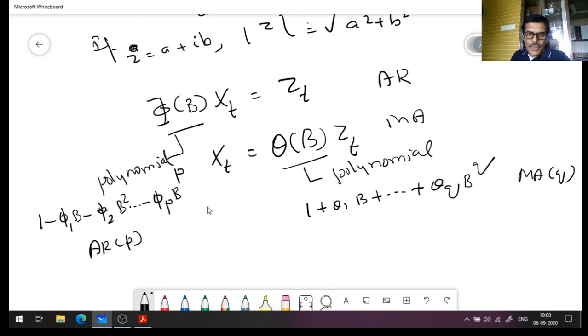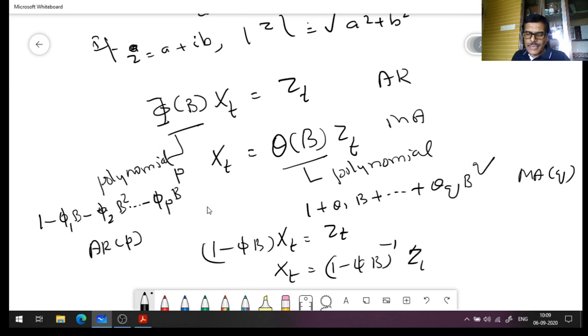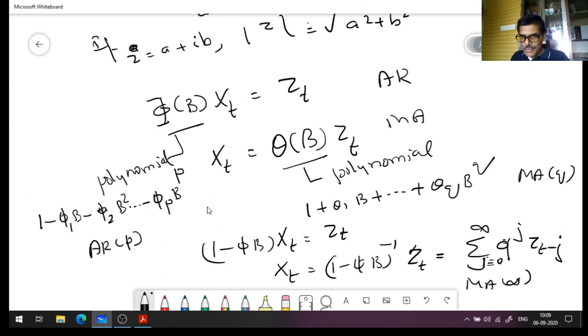For example, if I write (1 minus phi B) Xt equal to Zt, then Xt is (1 minus phi B) inverse Zt. What is this going to be? Summation of phi to the power of j, Zt minus j. So this is actually an MA infinity. Of course, I assume that this converges, because you have to be very clear when you write like this: this is an infinite series, it has to converge.